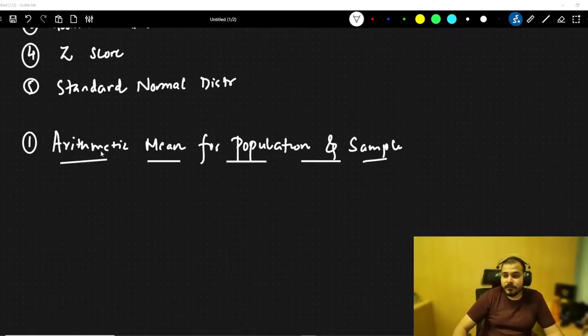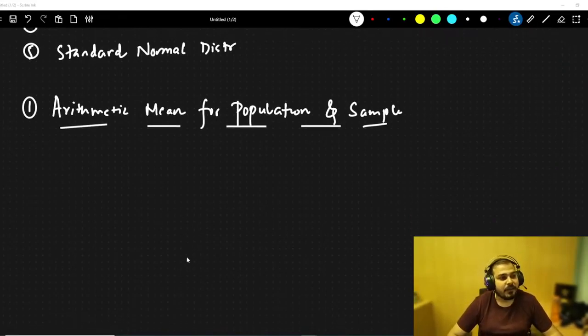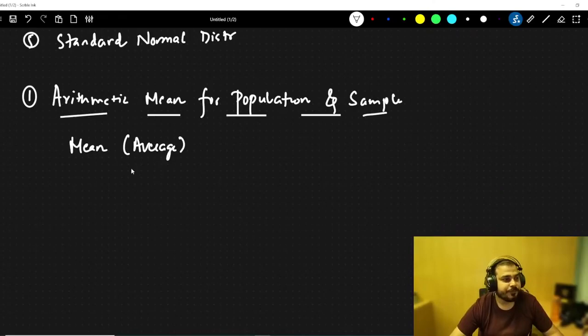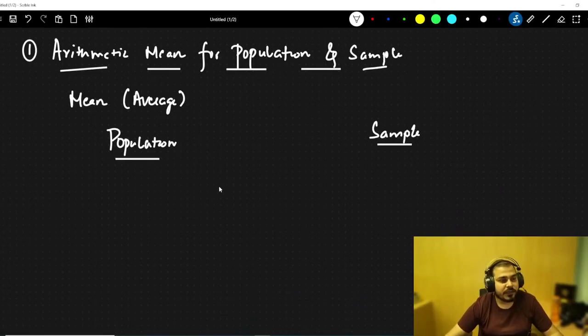Okay, let's start with the arithmetic mean for population and sample. Here, mean basically means average. With population and with sample, we need to understand the formulas of mean. Population is given by capital N, sample is given by small n, which we discussed in the last session.